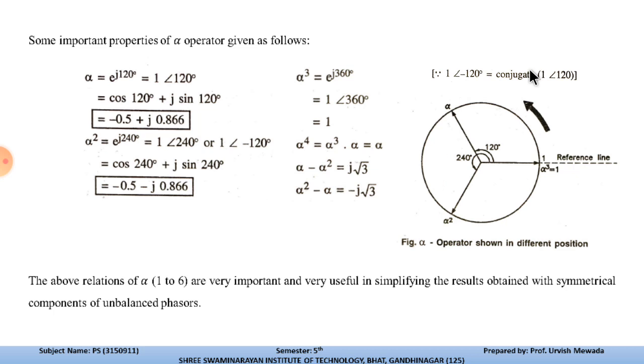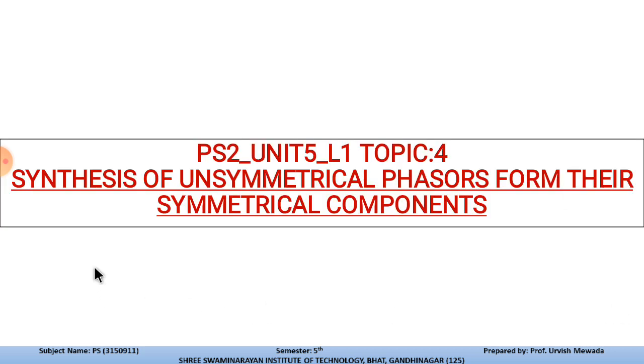The relations for alpha from 1 to 6 are very important and very useful for simplifying the results obtained with the symmetrical components of the phasor. Here 1 at angle minus 120 degrees, whose conjugate is 1 at angle 120, so when we take the conjugate we reverse the sign of the angle. These relations describe the components of the unbalanced phasor. This is how we can solve the operator alpha.